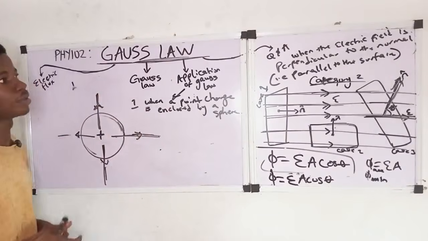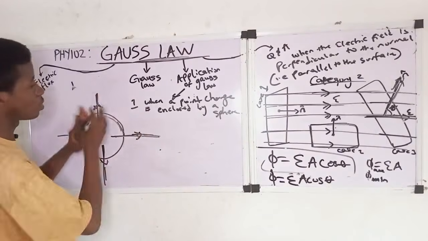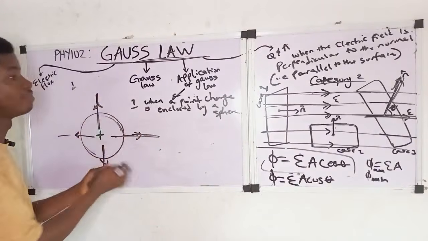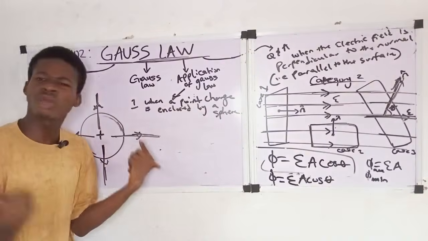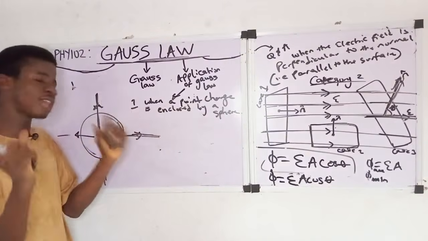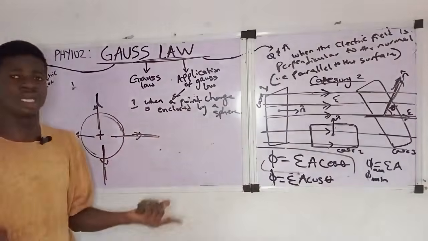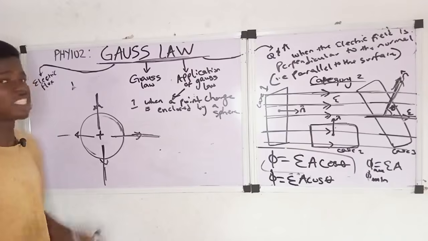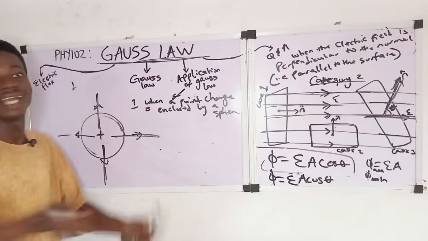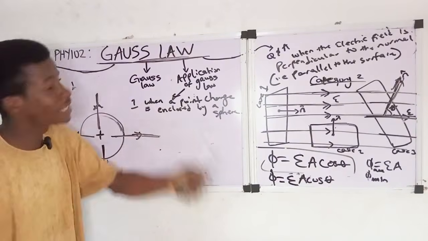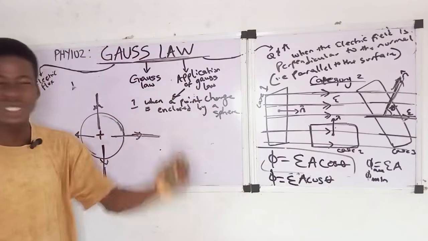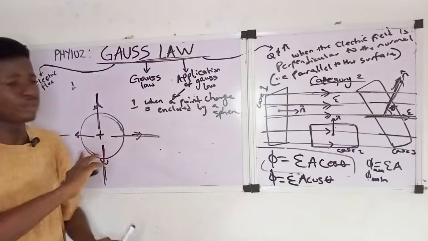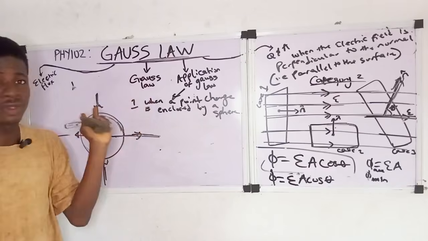So when a point charge is enclosed by a sphere, what if we are asked to calculate the electric flux? How are we going to do it? It's very easy. Remember that very first thing I told you: when they give you charge, don't stress yourself, divide the charge by epsilon naught and you get your answer.